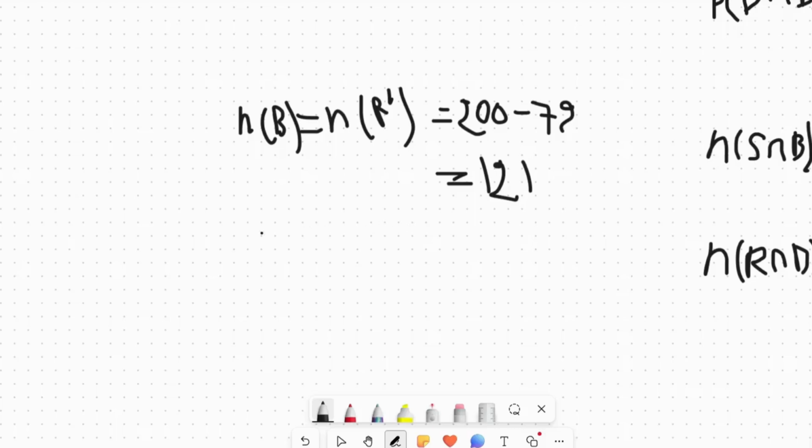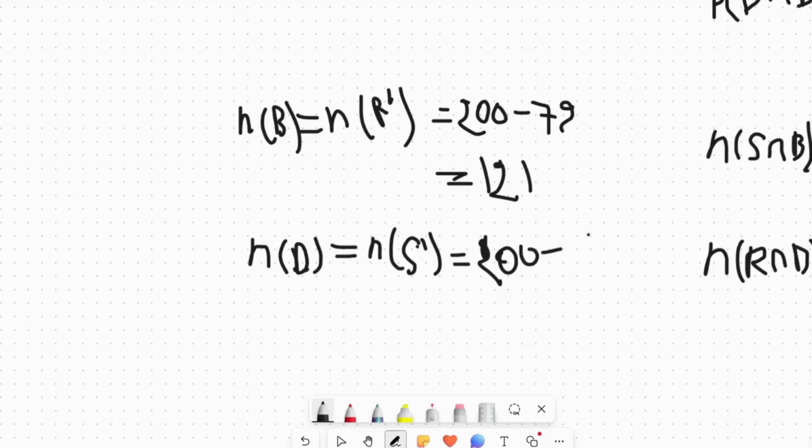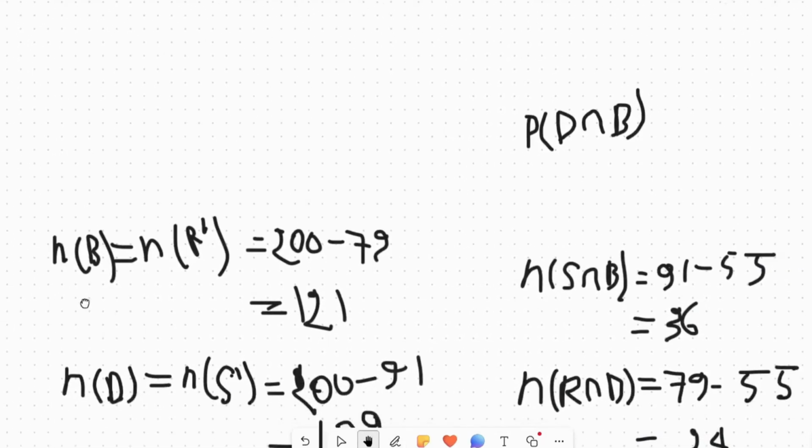These are the blue balls, and if we find the dull balls, then this is basically the complement of shiny balls. Shiny balls are 91, so we subtract from 200, and the value of dull balls is 109. So these are all the values we have.